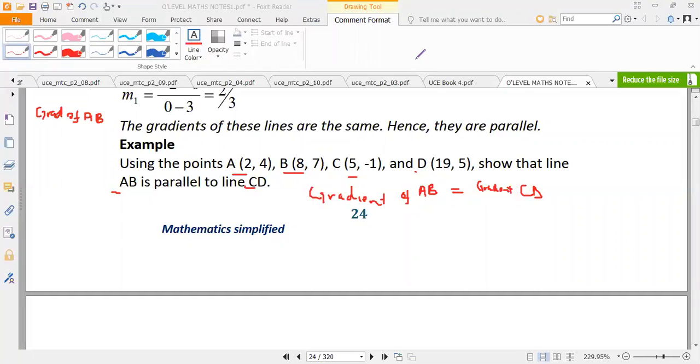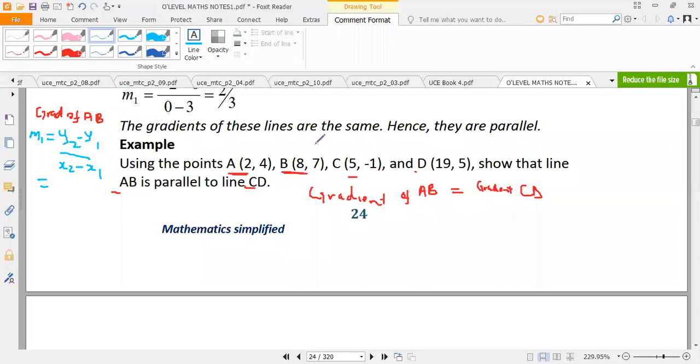To find the gradient of AB, remember AB connects point A and point B. So we shall still use the same formula. If I call the gradient of AB M1, it will be given by still the same formula, which is Y2 minus Y1 out of X2 minus X1.